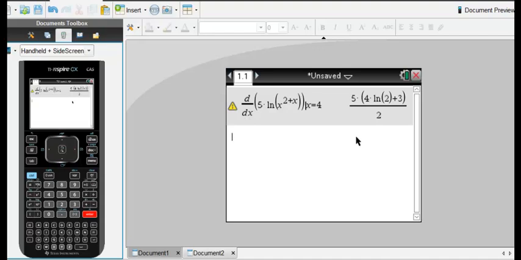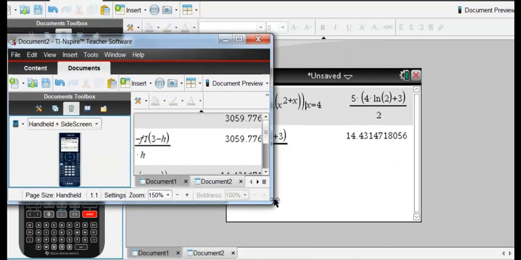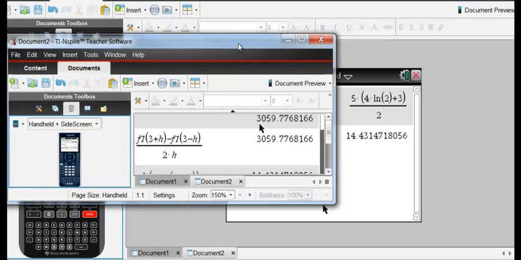So the CAS version knows how to apply some algebraic shortcuts that we'll learn later, and work this out exactly. Now if I just tell it to take that answer and do control enter, that'll give me approximately what that is, which is what we got, if you remember, when we entered that on the non-CAS version.